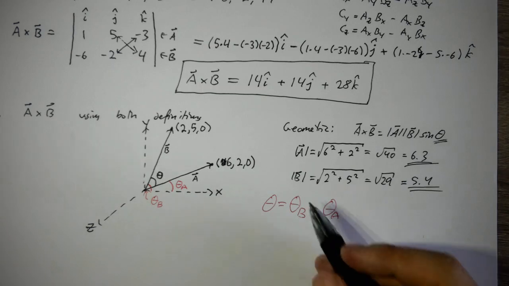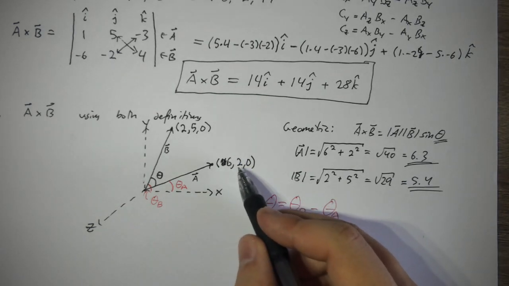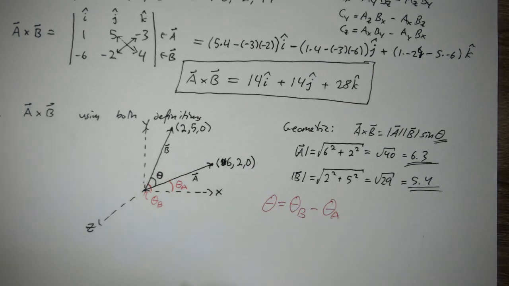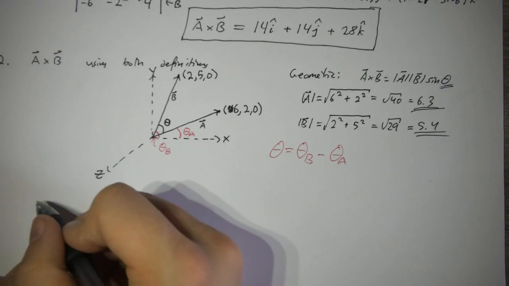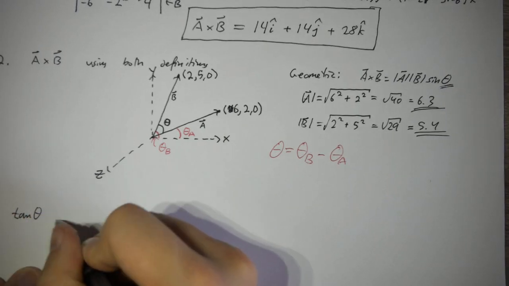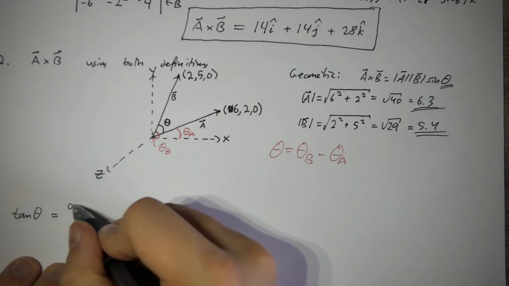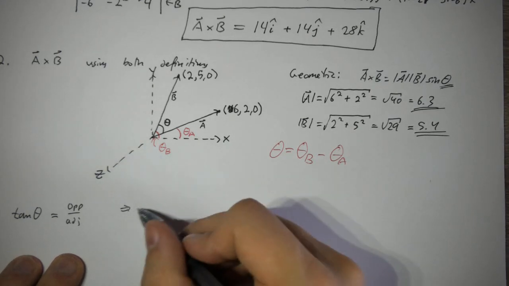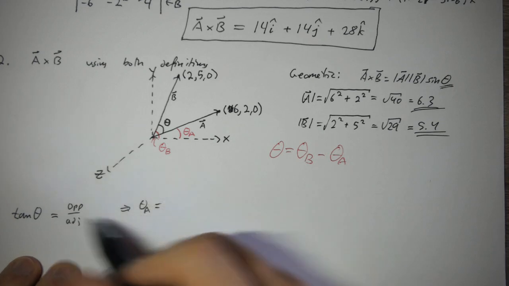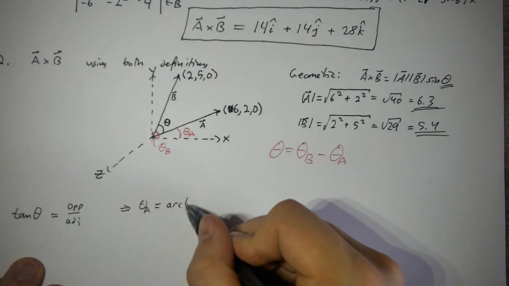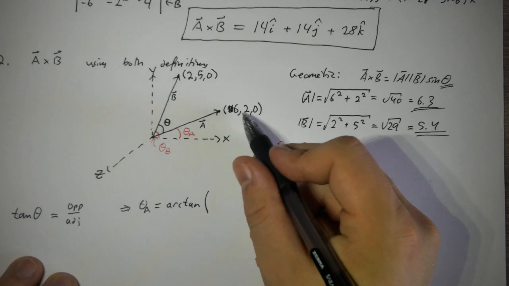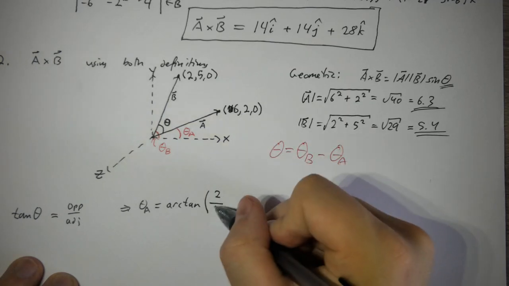So let's do that. For each we know our opposite and adjacent sides, so we can just use tangent, where tangent theta is equal to opposite over adjacent. Let's start with theta A, we'll do our inverse trig function, arctangent, and the opposite of A is 2, and the adjacent is 6.